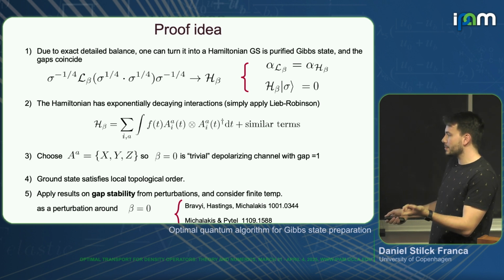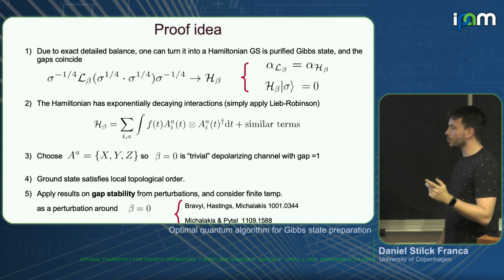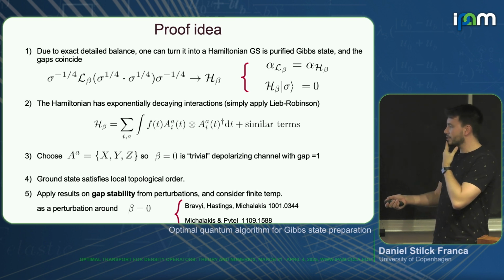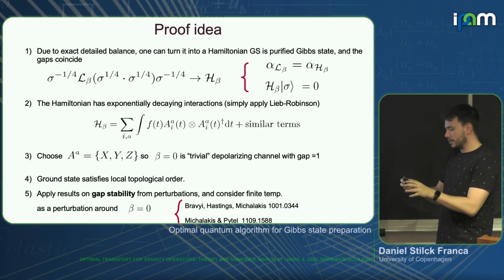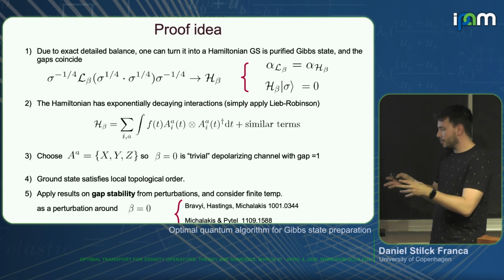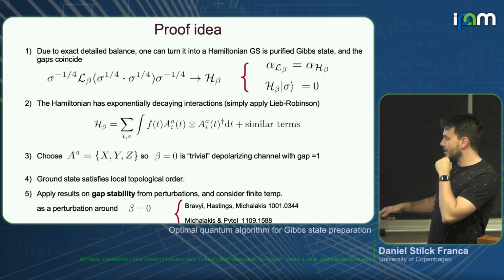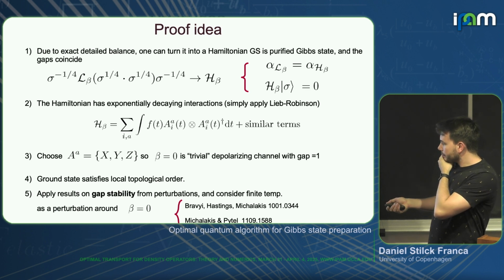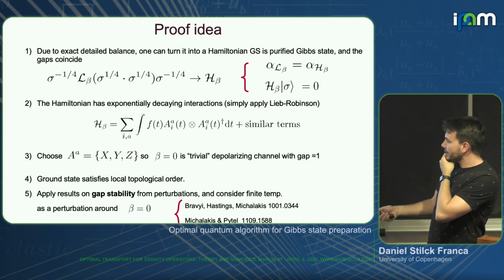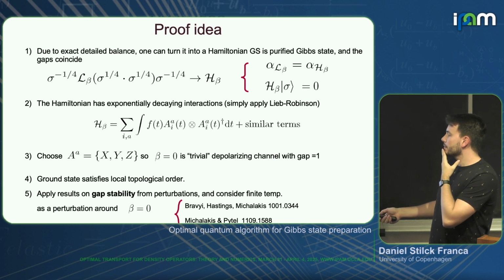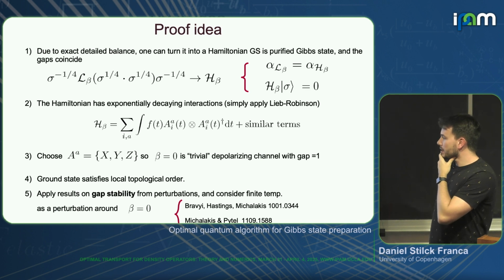The ground state of the depolarizing channel is just the maximally mixed state, which satisfies something called local topological order. I don't have time to explain what this is, but essentially it means that locally you cannot distinguish. Sorry, for time constraints, I'm not going to explain this part. But what matters here is that for such systems that are gapped and have local topological order, which is some sort of local indistinguishability, you have very strong perturbation bound results on the gap.